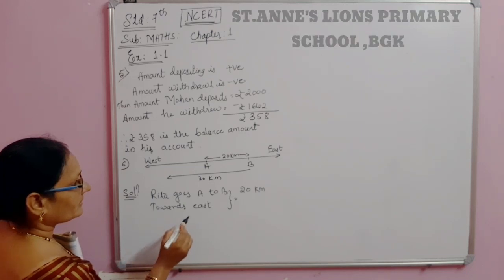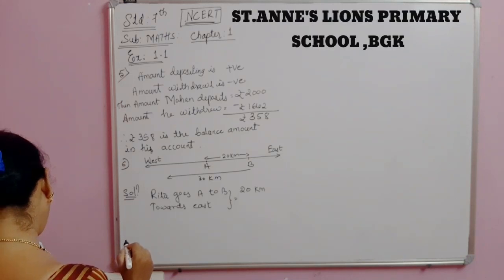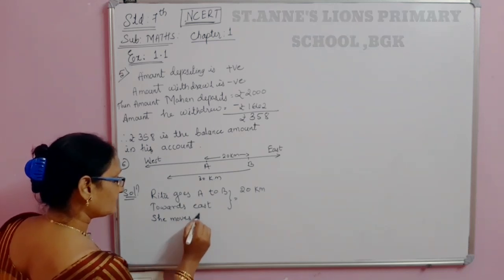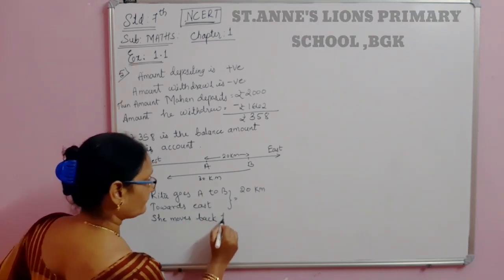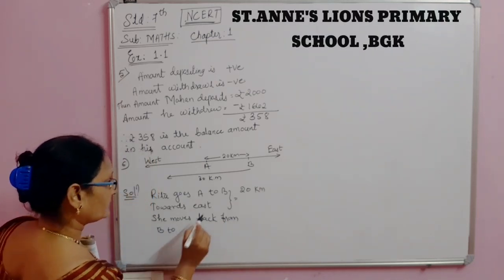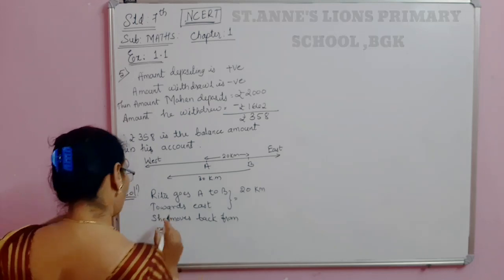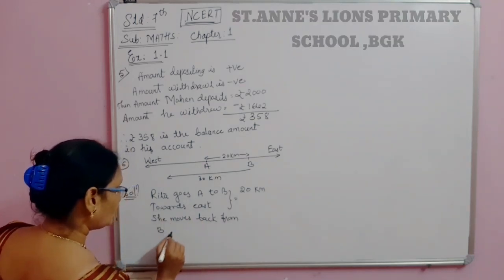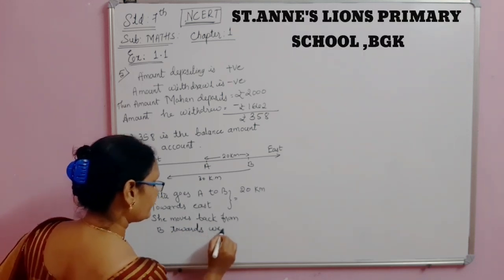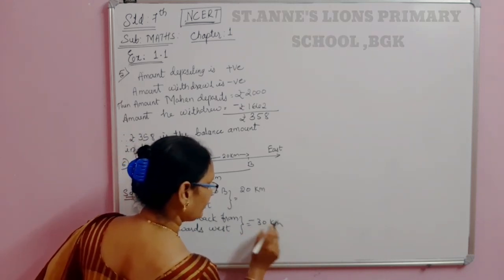Then again she moves back from B towards west, which is equal to minus 30 kilometers. It is minus.